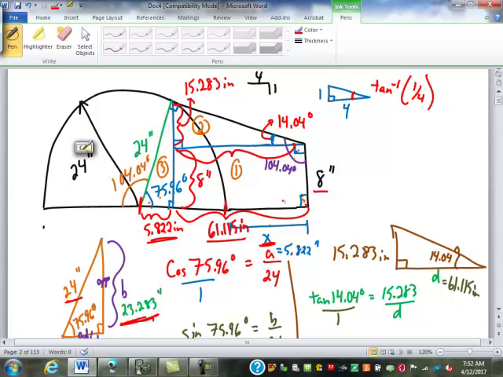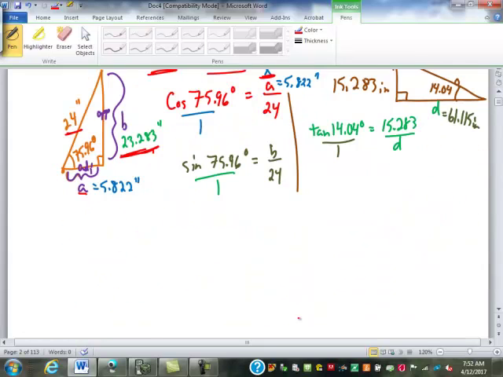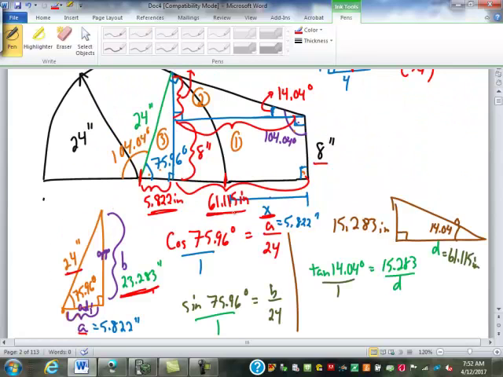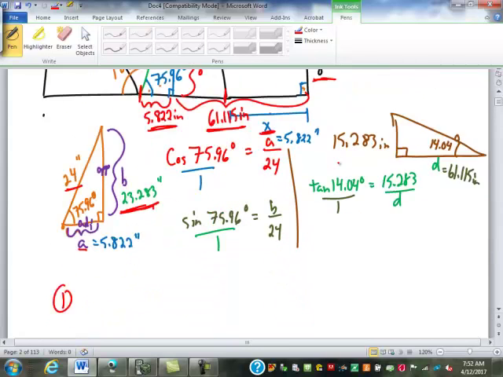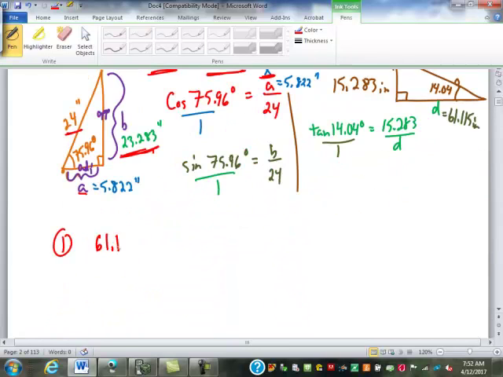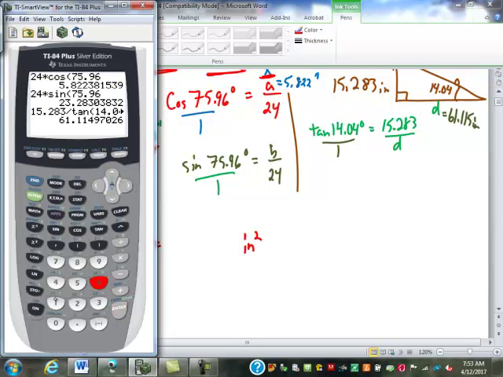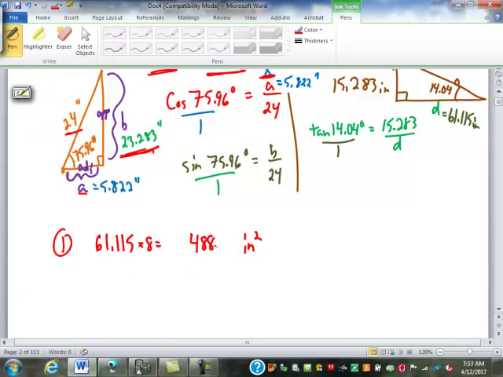But now I can come back and find the area of this. I have rectangle 1 there is 61.115 by 8. This is going to be in square inches because both of those are inches. So 488.92 square inches.